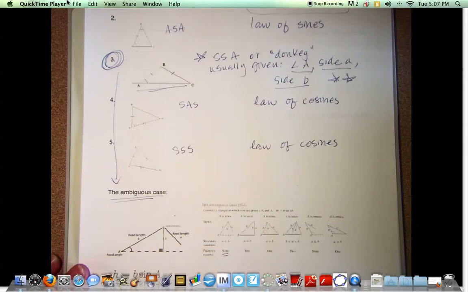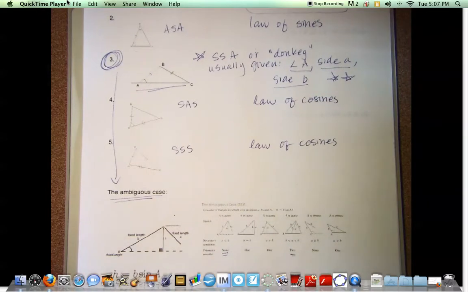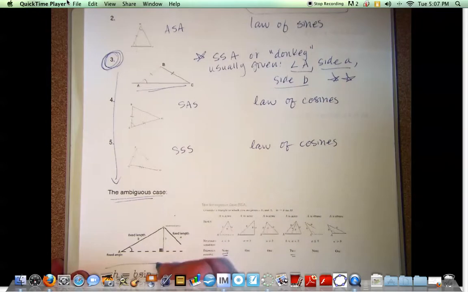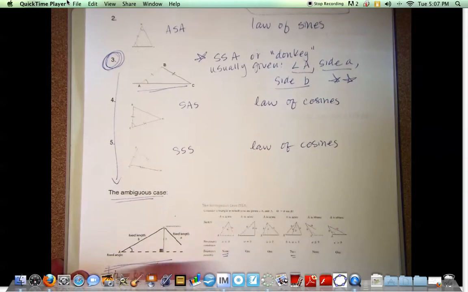If a is greater than h, then there's two triangles that can be formed. And this is how we check for h. So now let's look at how we can check these things, because right now your mind's probably not quite sure how you can make two triangles, but we'll look at it in just a minute.